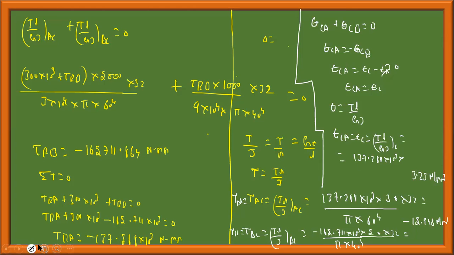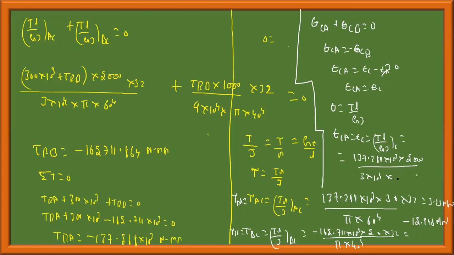Length of this section AC is 2000, divided by G. G in this section is 3 into 10 power 4, and then J is pi d power 4 by 32, with diameter 60. Can you tell me theta? What is theta?